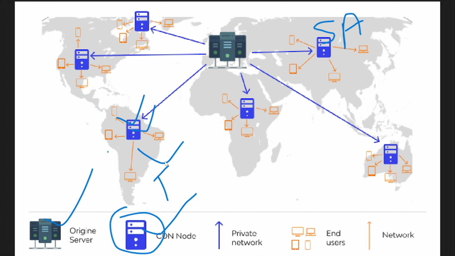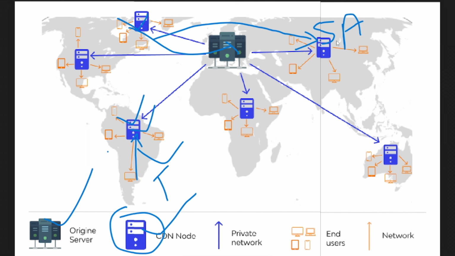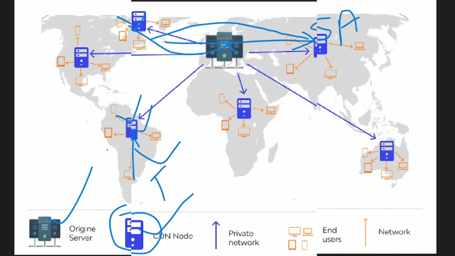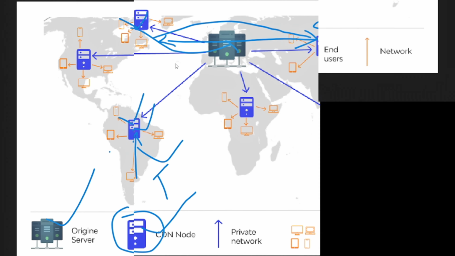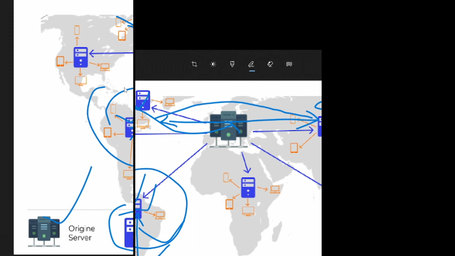So any member in Italy will be able to have all that content loaded quickly. The same example goes if you are in England, definitely you have another CDN. It will not go to this single server in Saudi Arabia to load all these contents, which would take some time, maybe 2, 3, 4 seconds, but within a second you will be able to have all that content at your location.